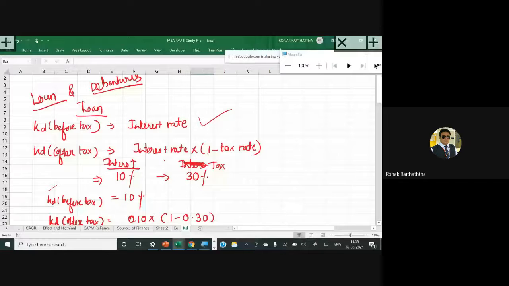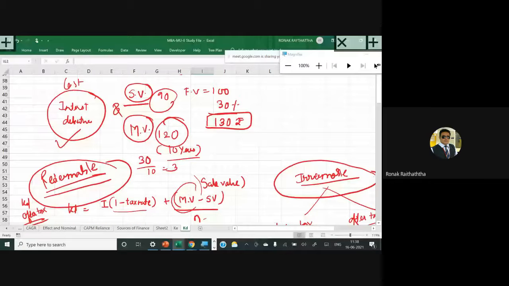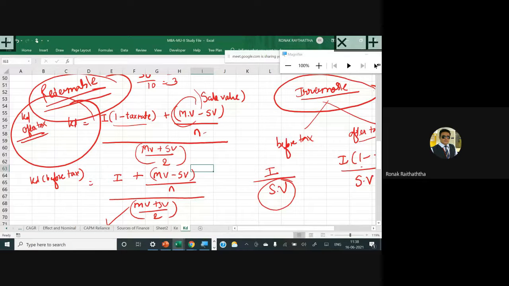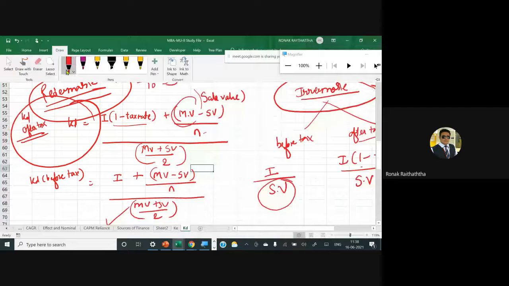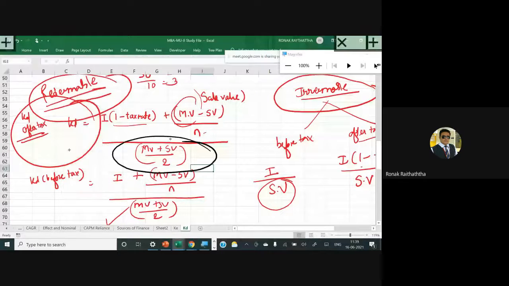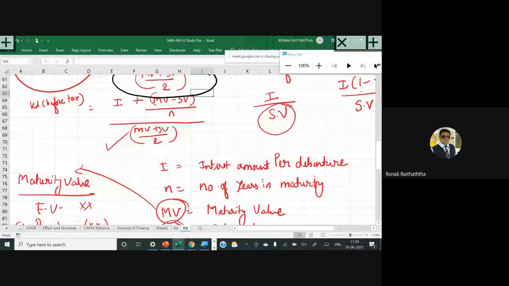So everyone, let's sing a song along with me to remember the formula of KD after tax. I in bracket 1 minus tax rate plus MV minus SV divided by N. Remember that in the back of your mind. The whole is, the whole is divided by the average of MVSV. The whole is divided by the average of MVSV.